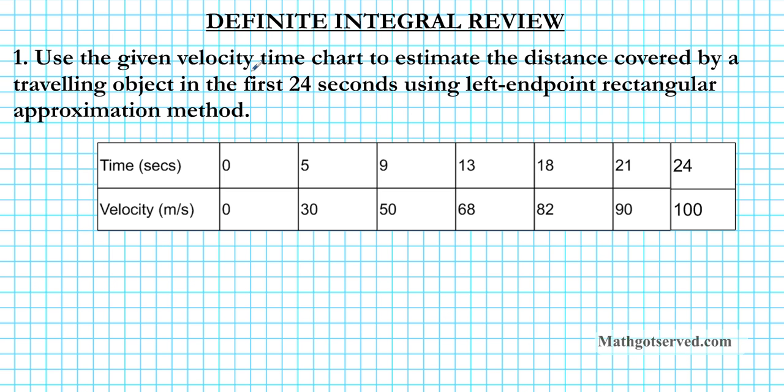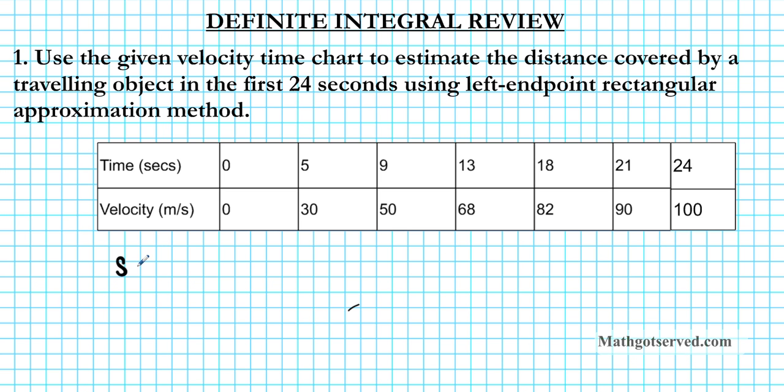We're to use the given velocity time chart to estimate the distance covered by a traveling object in the first 24 seconds using left endpoint rectangular approximation. So what we're looking for here is the distance covered in the first 24 seconds.